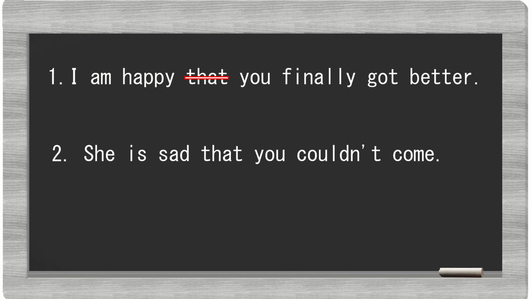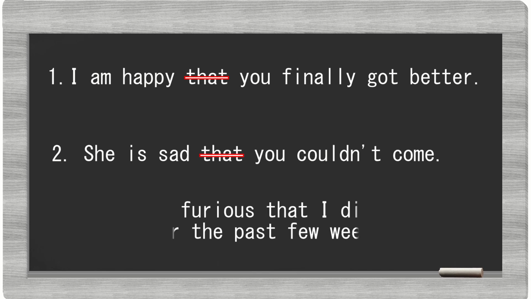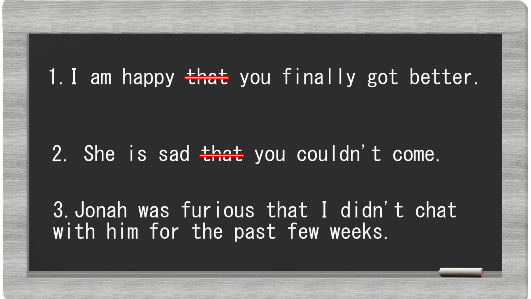She is sad that you couldn't come. She is sad you couldn't come. Jonah was furious that I didn't chat with him for the past few weeks. Jonah was furious I didn't chat with him for the past few weeks. We see we can get rid of that after this situation.